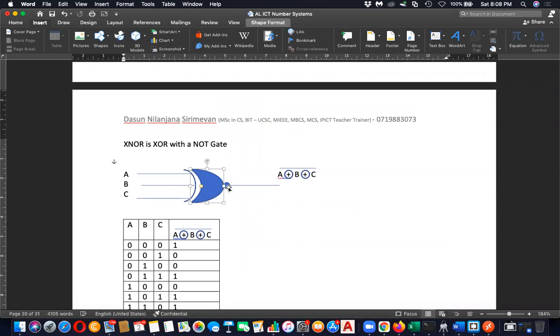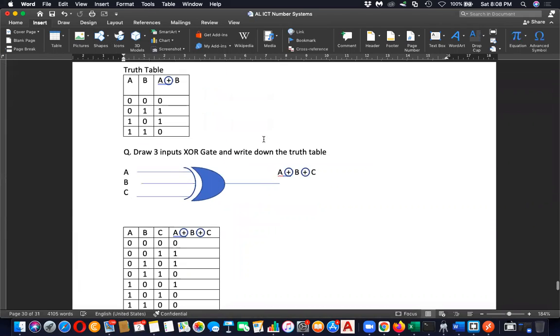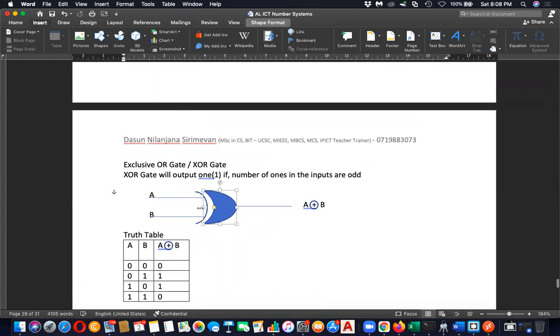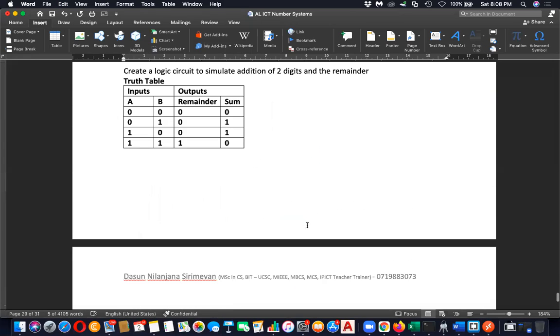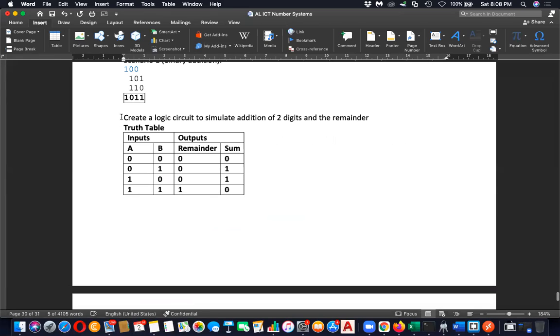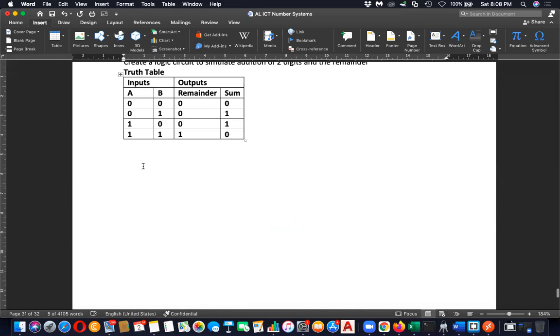So one circuit is XOR. You need an XOR gate. Okay, let's copy the same whole thing. You need an XOR gate as well as an AND gate to do this. So please draw the circuit.